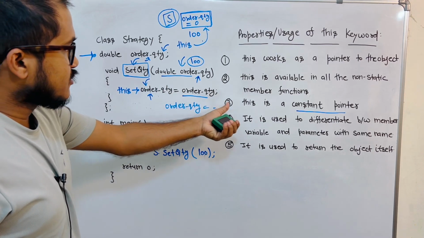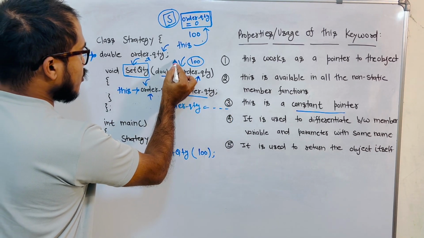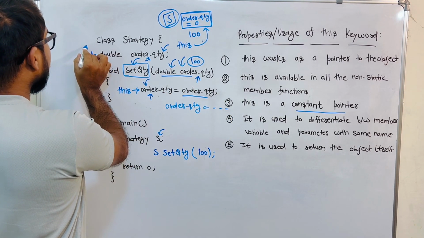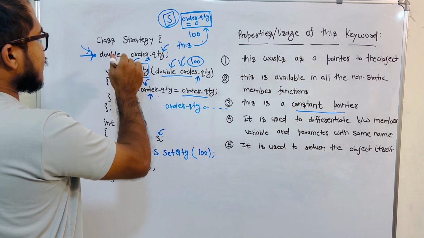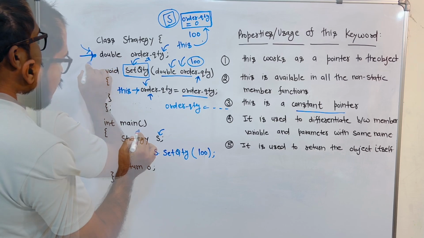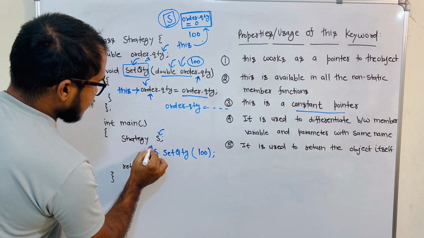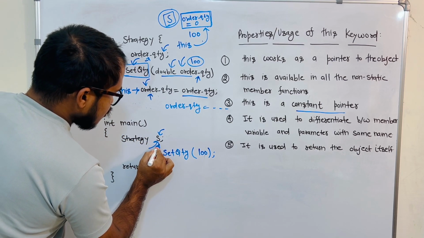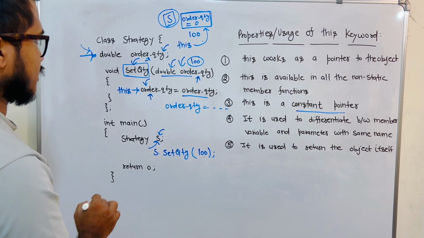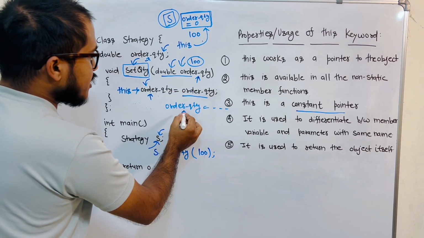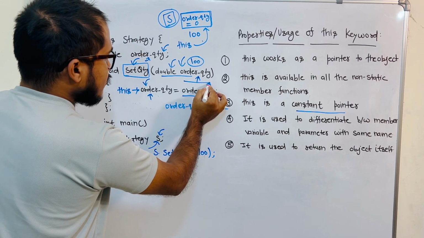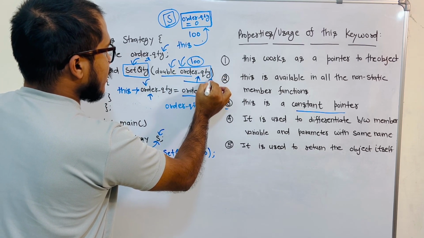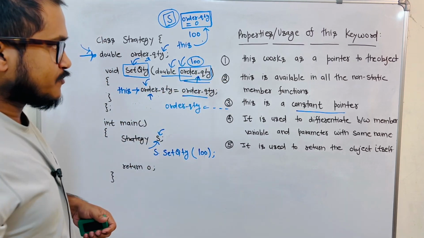So this is used to differentiate between the local variable and the instance variable or member variable. So whenever you are saying this dot variable name, it means you are trying to access the member variables associated with this particular object. And when we are simply using any variable by its name, it means that we are trying to access the local variable.